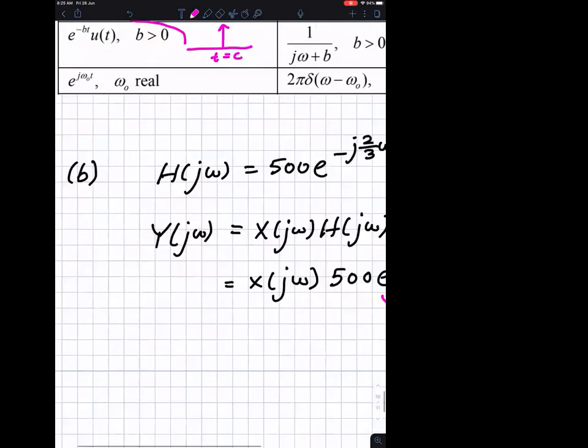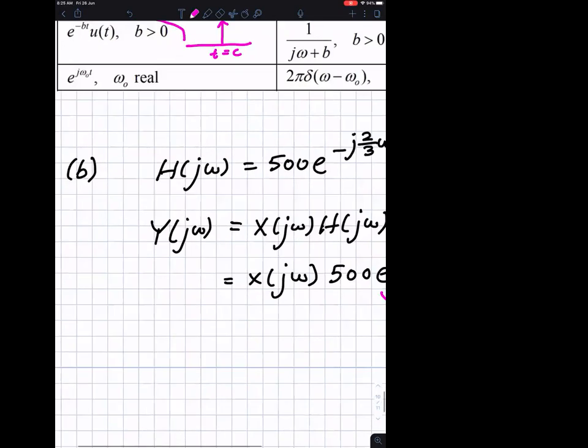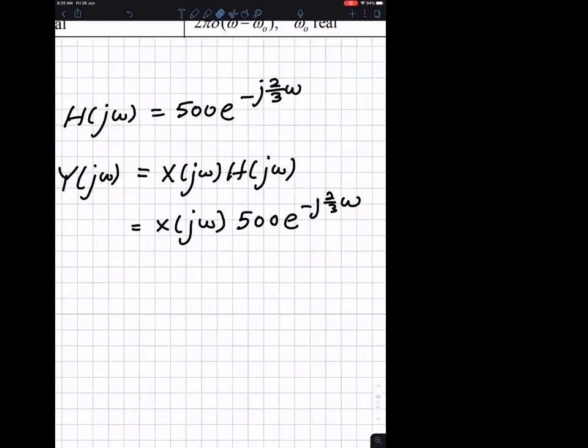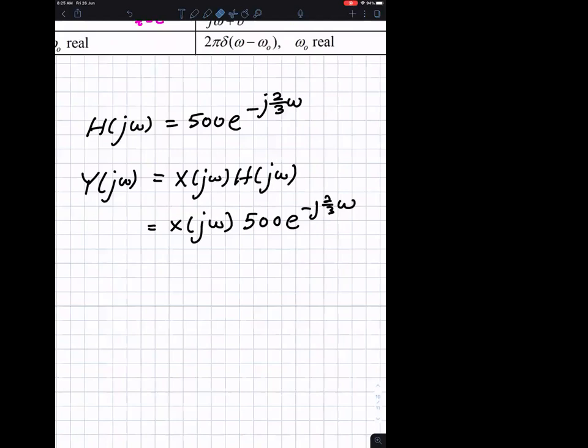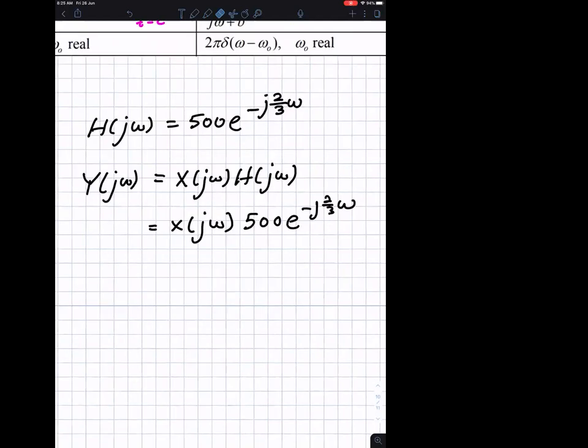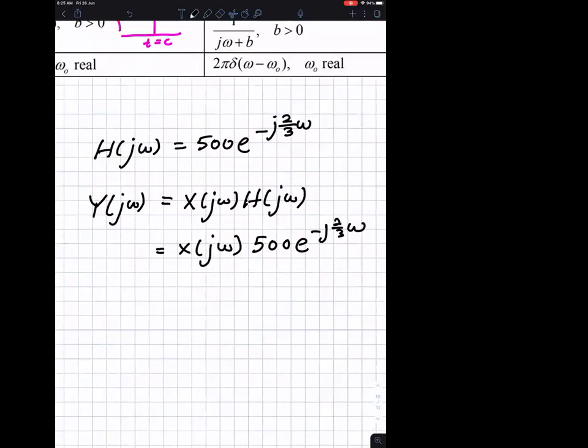So using that delay, we take the inverse Fourier transform of this. y(t) is x(t) delayed by 2/3.